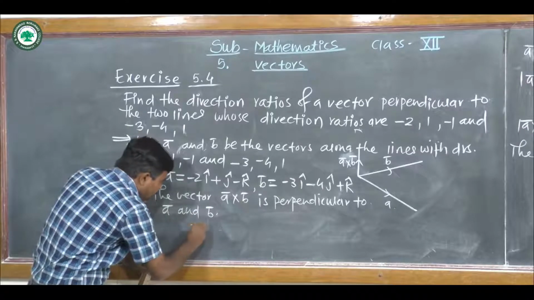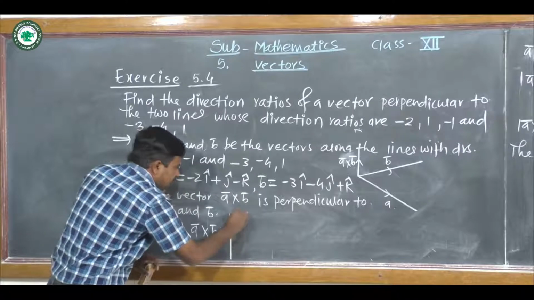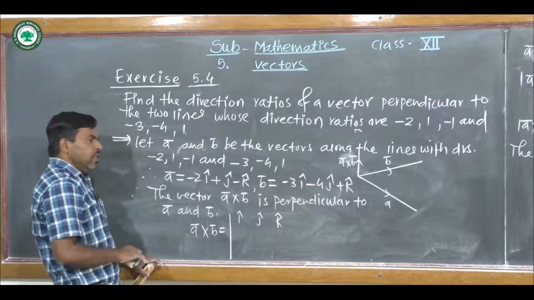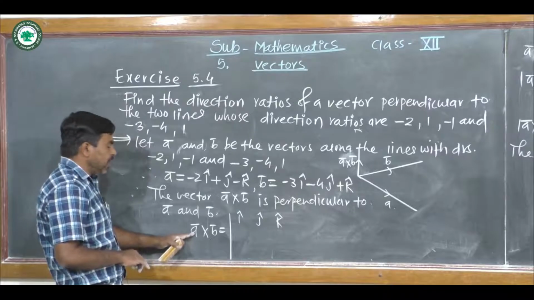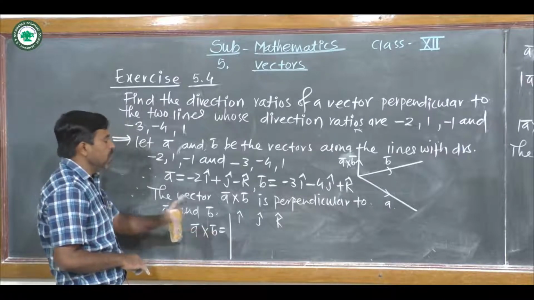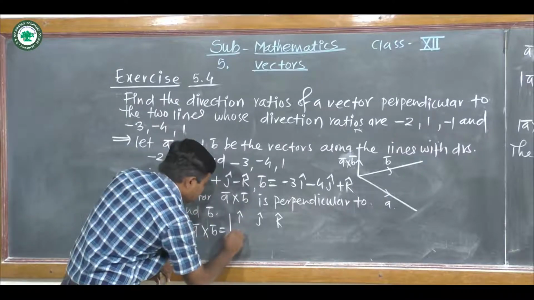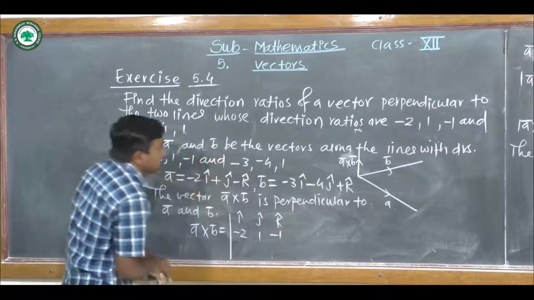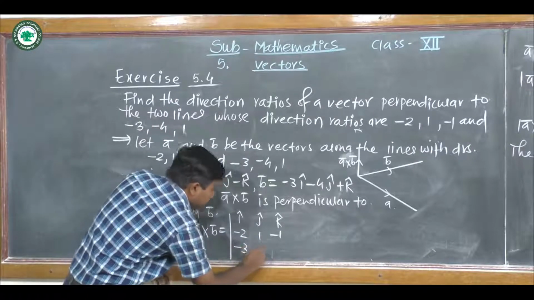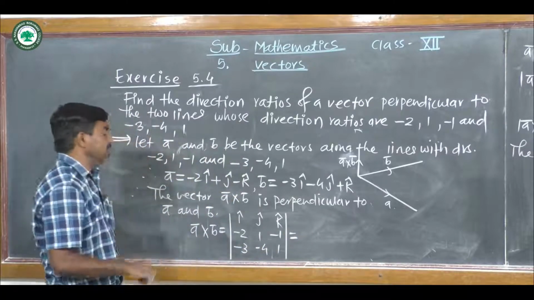A bar cross B bar is equal to, as usual, first row is i cap, j cap, k cap. Second row is the coefficients of i, j, k in A bar, and third row is the coefficients in B bar, that is -2, 1, -1 and -3, -4, 1. Solve this 3 by 3 determinant.